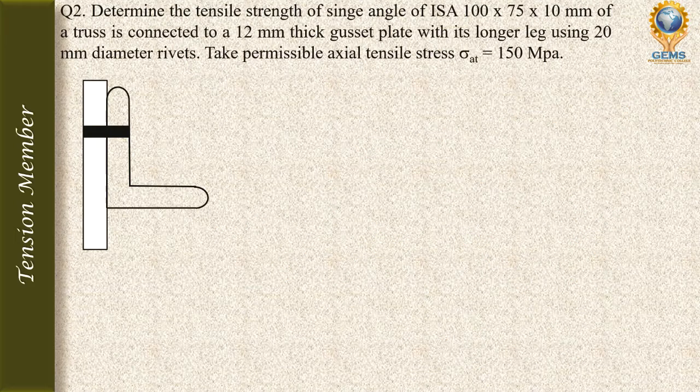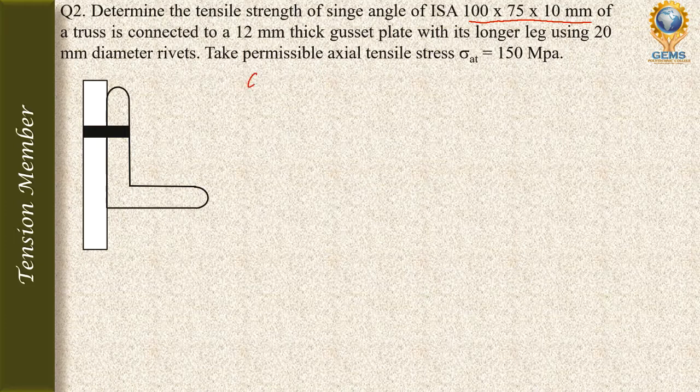Let's see question number 2. Determine the tensile strength of a single angle of ISA 100 by 75 by 10 mm of a truss, connected to a 12 mm thick gusseted plate with its longer leg using 20 mm diameter rivets. Take permissible axial tensile stress sigma AT equal to 150 megapascal.